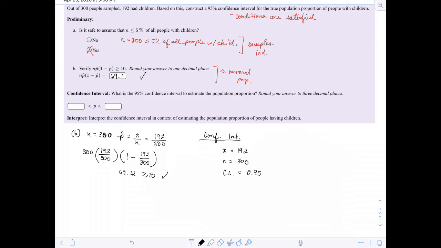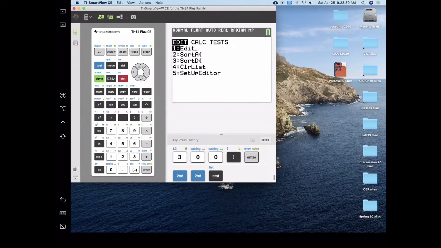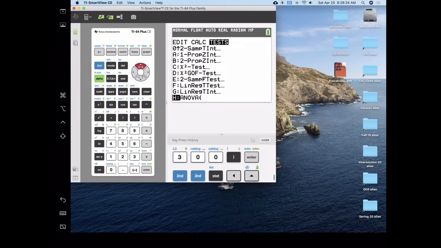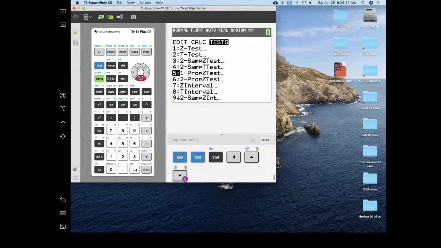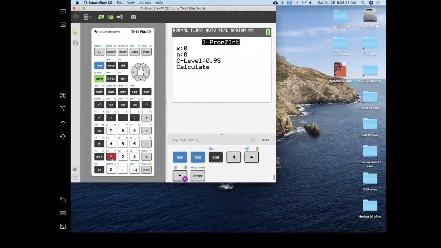So all we have to do is go to our calculator, go to stat and then test, and then go to 1-PropZInt. Go ahead and put 192 that had children out of the 300. Our confidence level is 0.95, and go ahead and hit calculate.